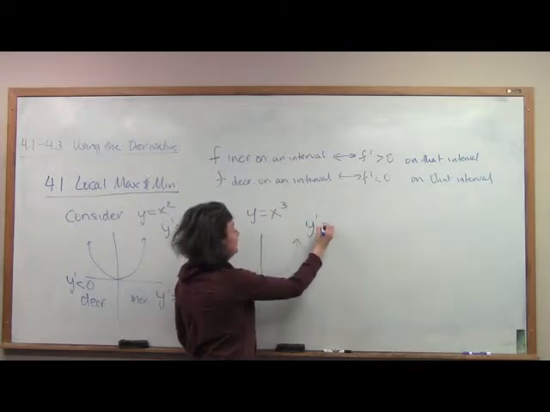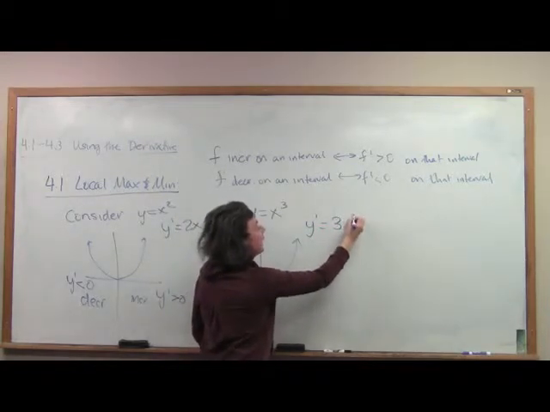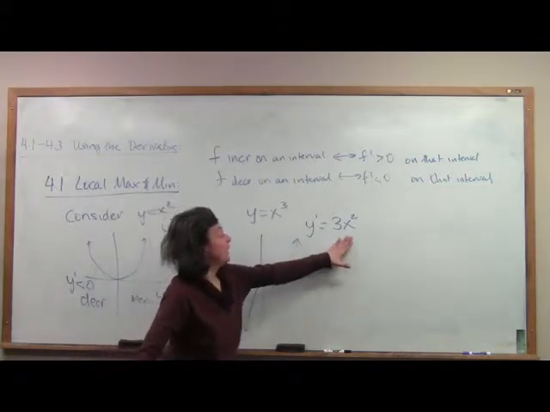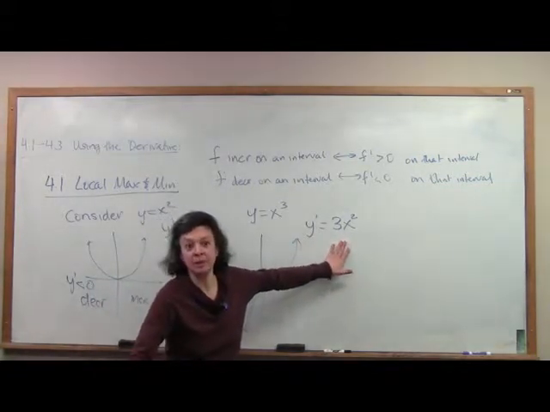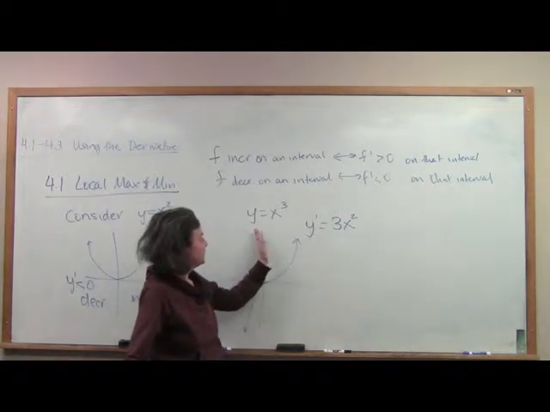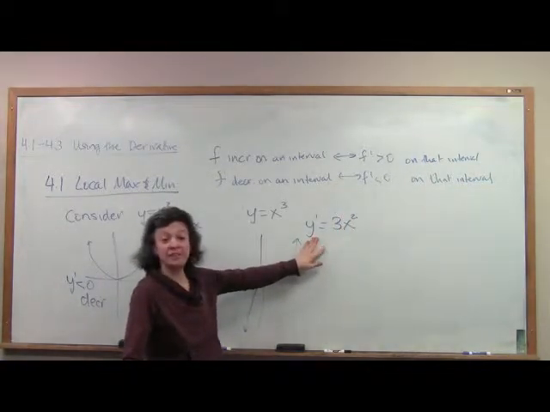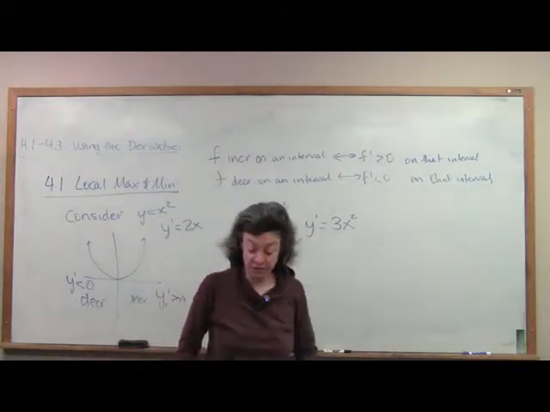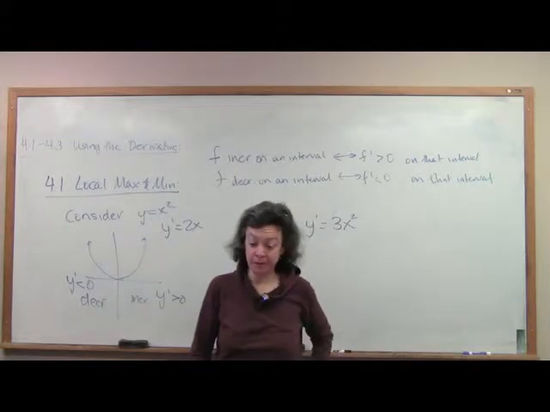And if I take the derivative of x cubed, I get 3x squared. For any value of x that I plug into my derivative, it's always going to be positive because I'm squaring it.